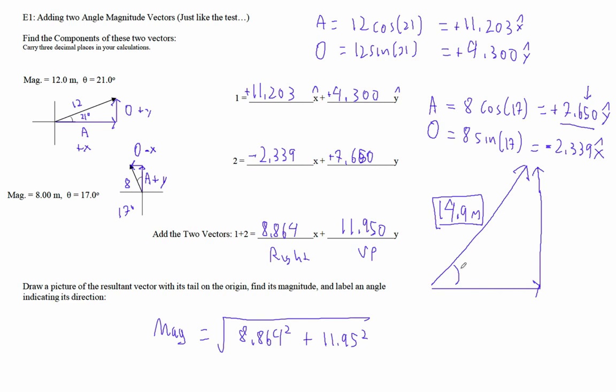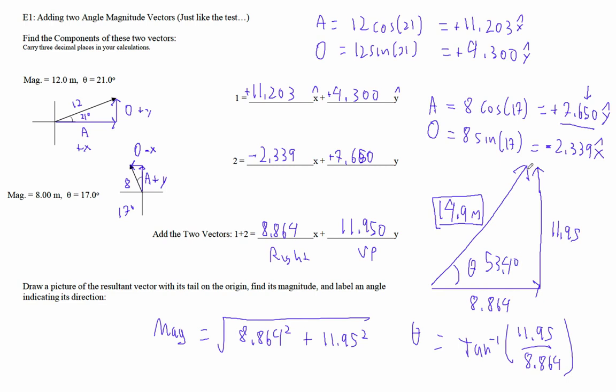Okay, and then that angle there, theta, this side is 11.95. I expect it to be bigger than 45, right? 8.864. So that's going to be tan minus 1 of 11.95. That's the opposite side, right, over the adjacent side. Okay, so second tan of 11.95 divided by 8.864. Okay, so 53.4 degrees.